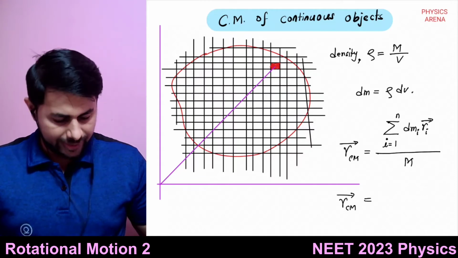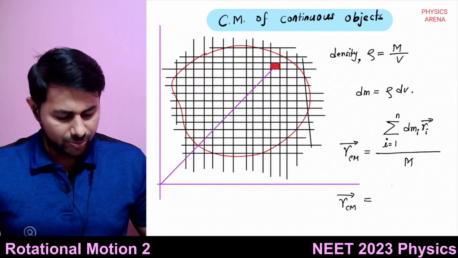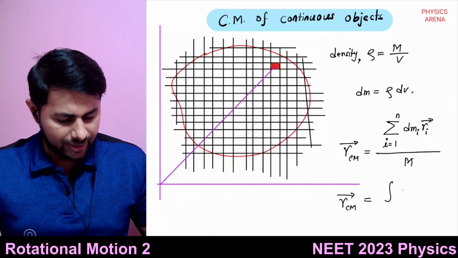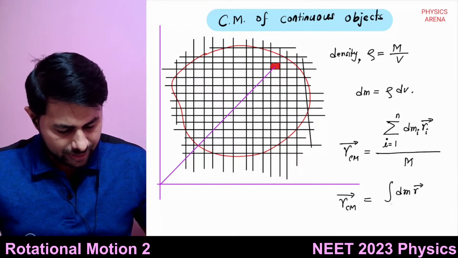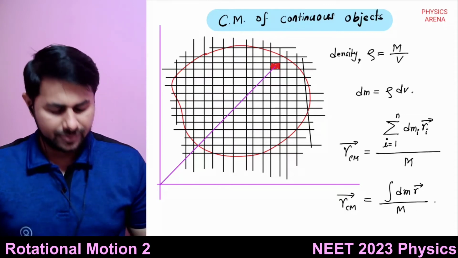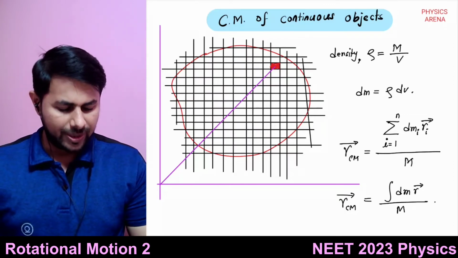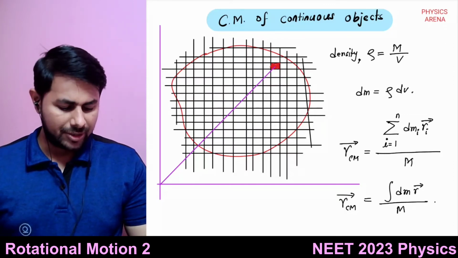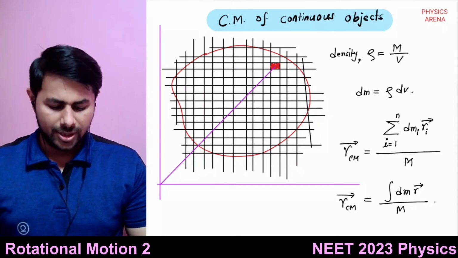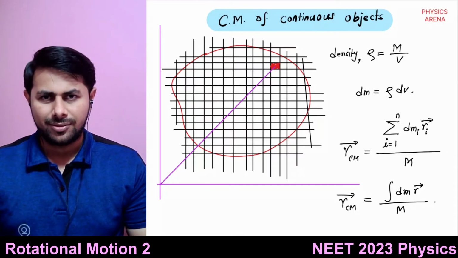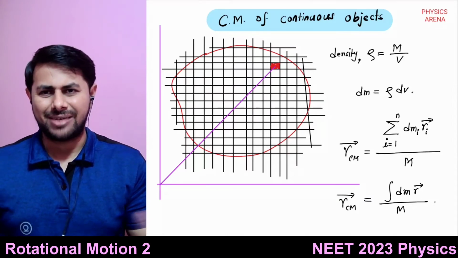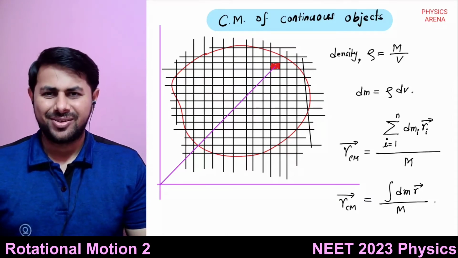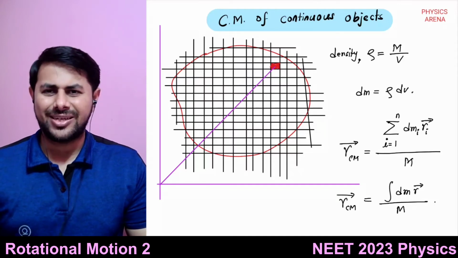So the center of mass for continuous bodies is given by the integral of dm into r bar divided by M. This is how we can find the position vector of the center of mass for continuous mass distribution. Of course this is an abstract concept, so once we see an example, it will get clear.